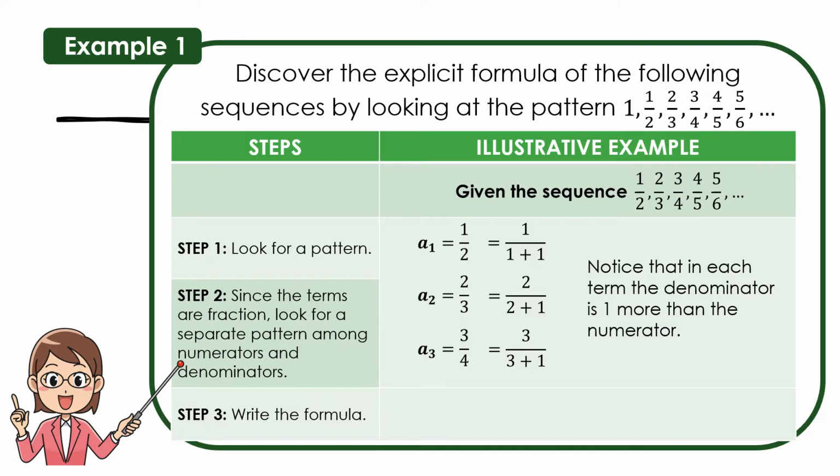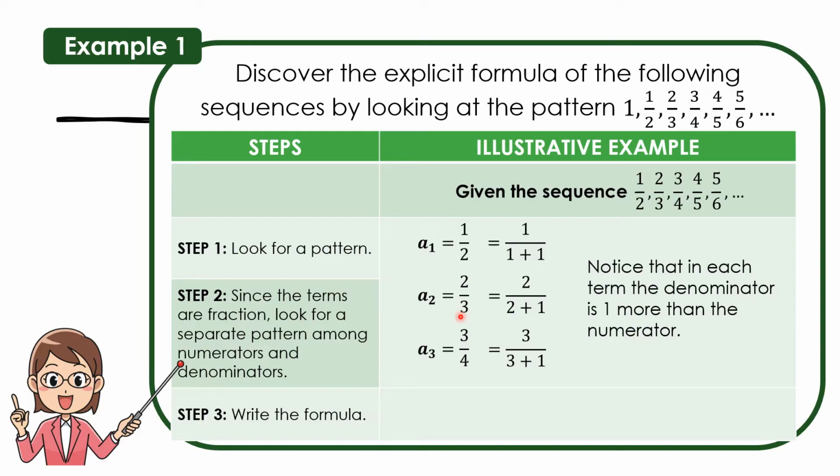Hence, we can write a sub 1, which is equal to 1 half, also as 1 over 1 plus 1, because 1 plus 1 is equal to 2, right? And then a sub 2 we have 2 over 3, and it's also equal to 2 over 2 plus 1, because 2 plus 1 is also equal to 3.